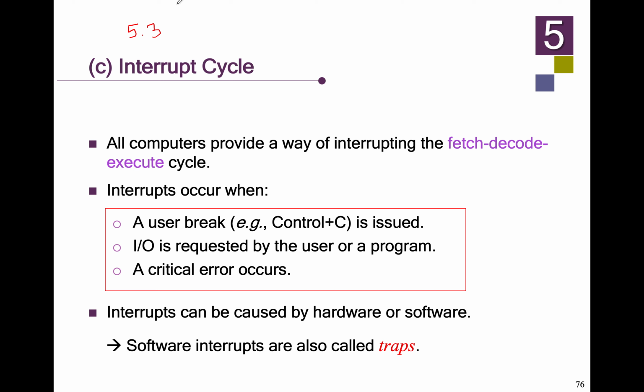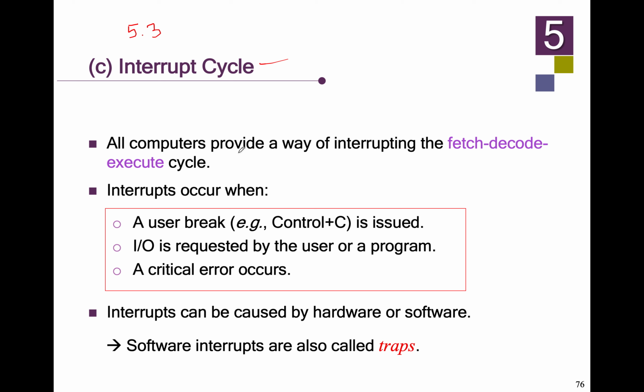The last video was 5.3 part A, and now it is part B. What we're going to cover: first of all, we're going to see the interrupt cycle. After this, you're going to see there are several types of interrupt, in terms of short delay and long delay also. Now, let's take a look at what is in our interrupt cycle.